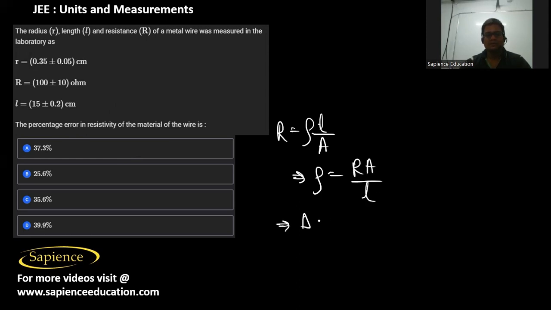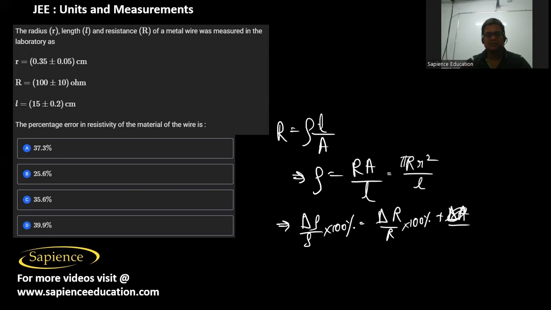So the percentage error in resistivity will be equal to the percentage error in resistance plus the percentage error in the area of cross section, or I can say area of cross section will be πr², so the percentage error in resistance plus twice the percentage error in the radius plus the percentage error in the length.